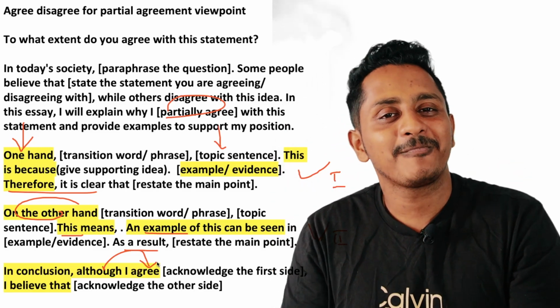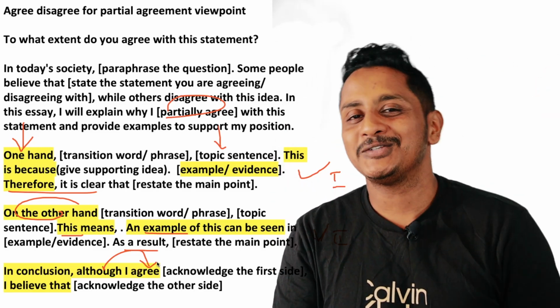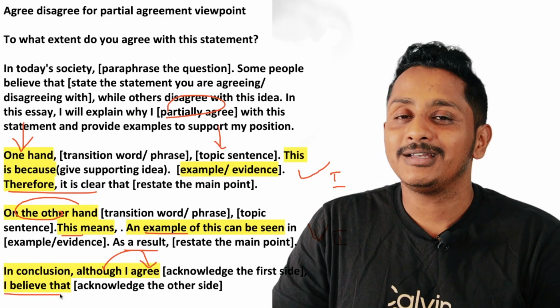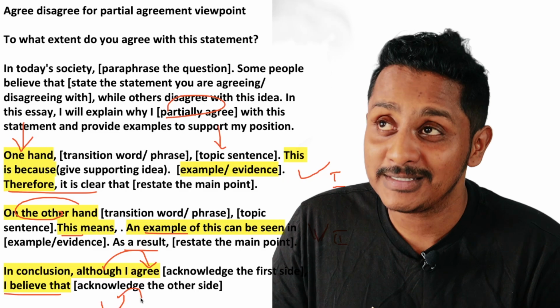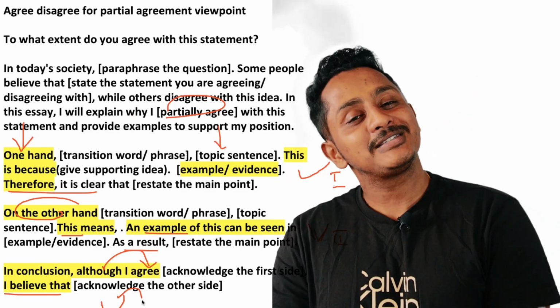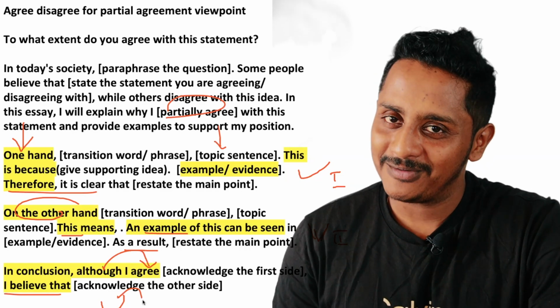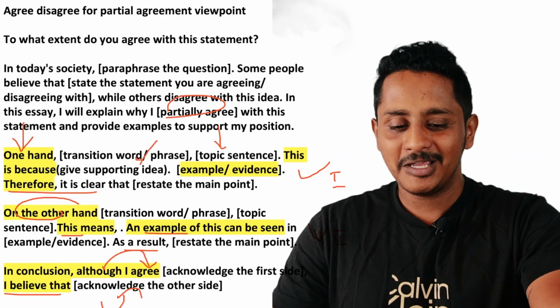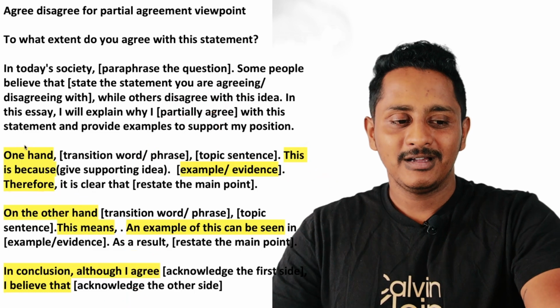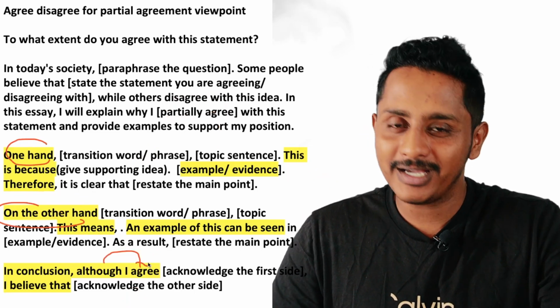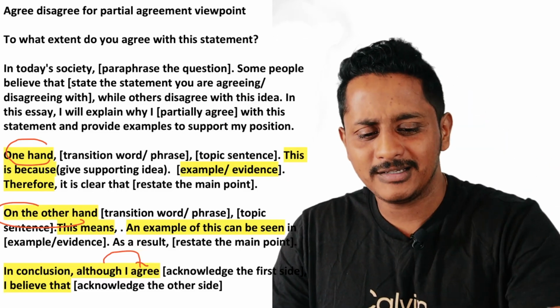Although I agree that doing an enjoyable activity is very good for the overall well-being of the child, I believe that even reading a book also does the same miracle as the previous. This is where you give equal weightage, that is where you say partial agreement. Inside that all remains the same, just memorize the structures. On the other hand, on one hand, although I agree, these are the important things that decide your scores.